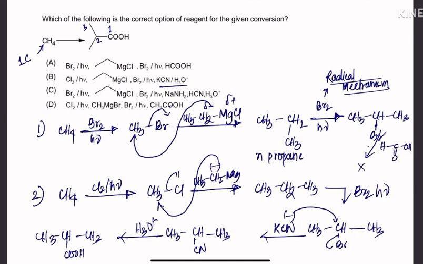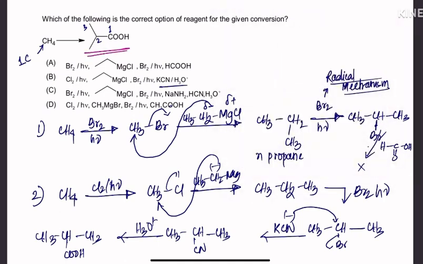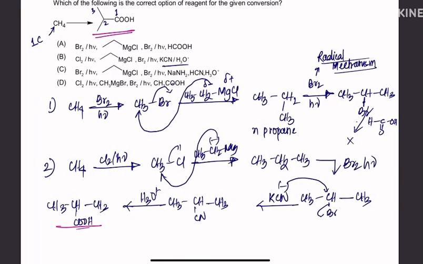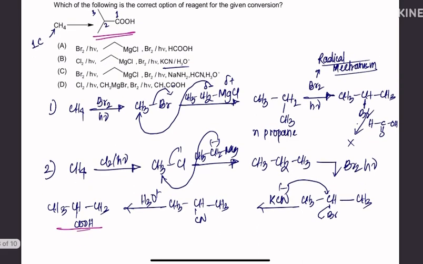Now if you see the product, this one and this one are exactly the same, but no other reactions give these. So the answer will be 2. The answer will be second. So second also you have to do.